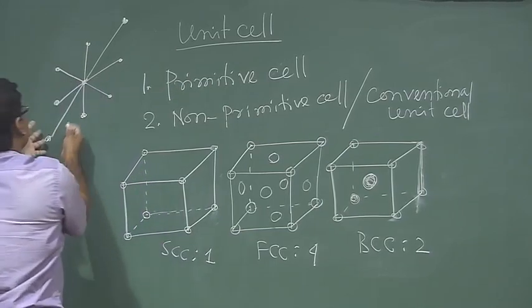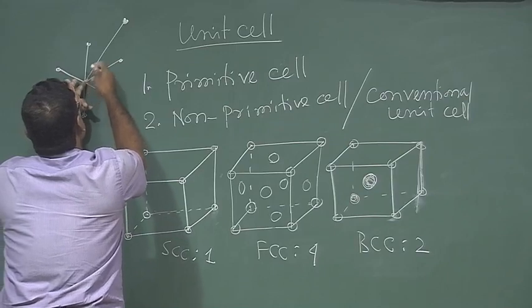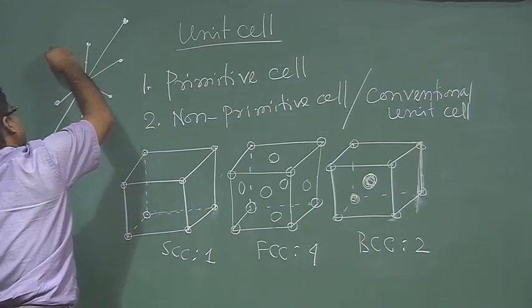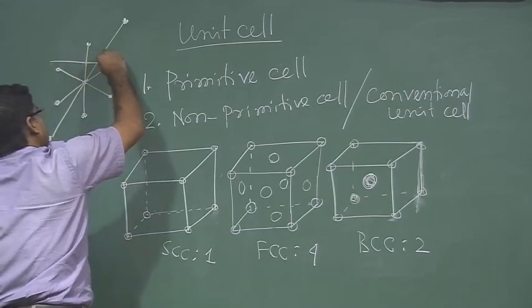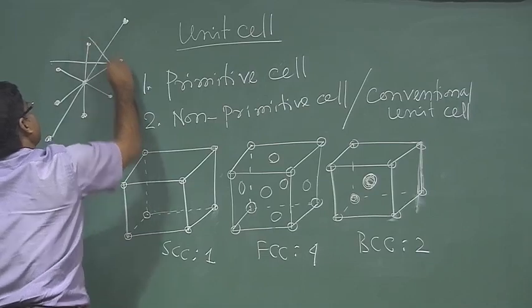Now, take the normal bisector of each line.